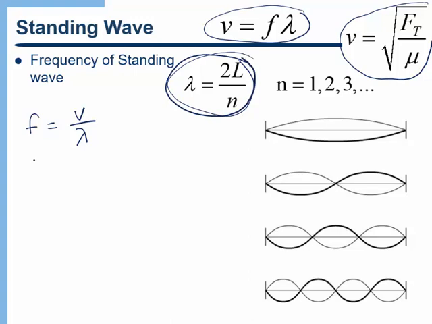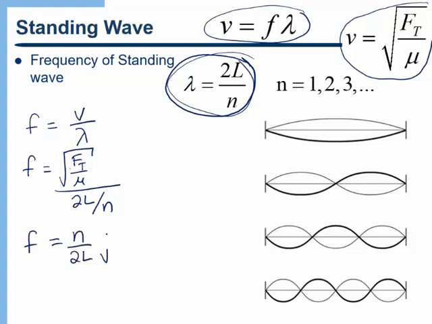So let's combine those two things. v is the square root of F_T over mu, and then I'm dividing that by lambda, which is 2L over n. And so if we flip that around, what we get is f is equal to n over 2L times the square root of the tension divided by mu.